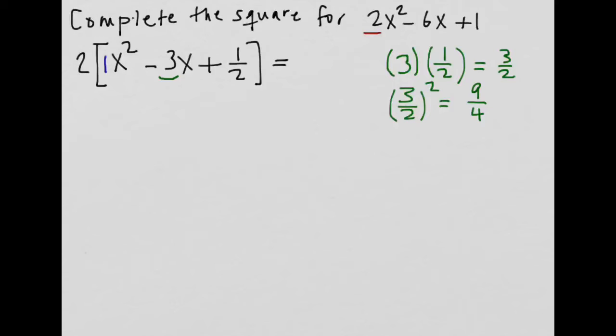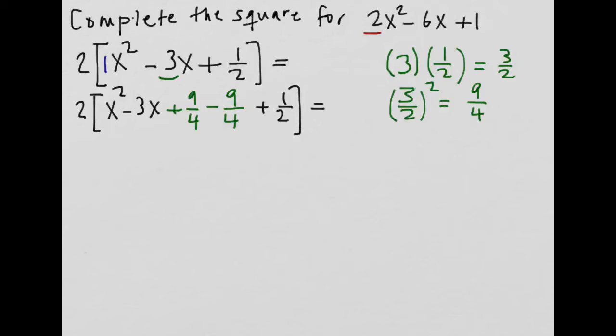Now I'm going to take that 9 over 4 and add it and subtract it in the appropriate location as follows. So we have 2 times (x squared minus 3x, now add 9 over 4 and subtract 9 over 4, plus 1/2). In essence, I've added 0, so the expression is still really the same.